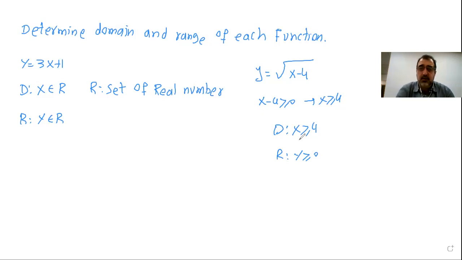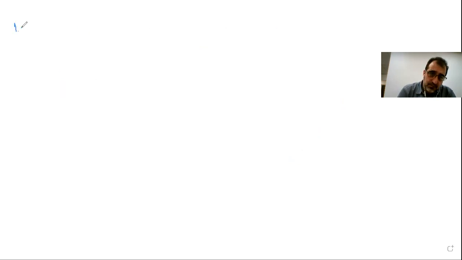Now that we have learned about function and have information about domain and range, we try to understand parent functions, which are the building blocks of functions in mathematics. We start off with the linear function. Its notation is y equals f of x.